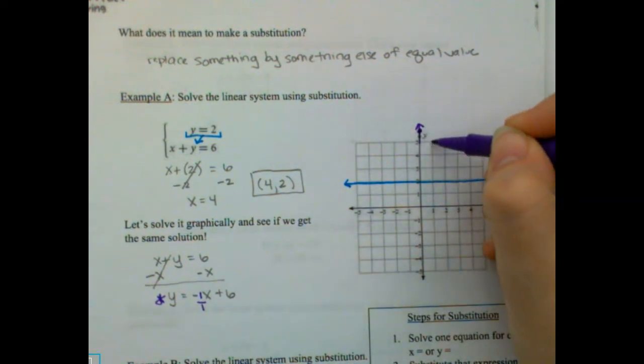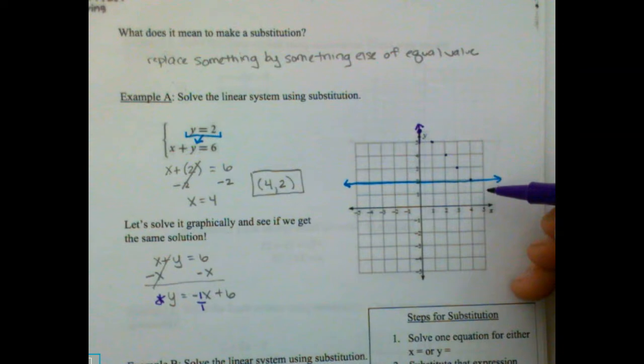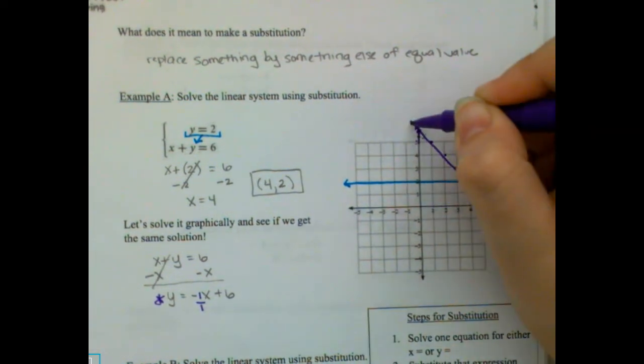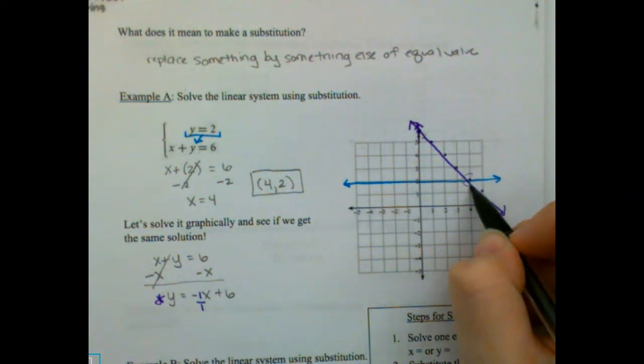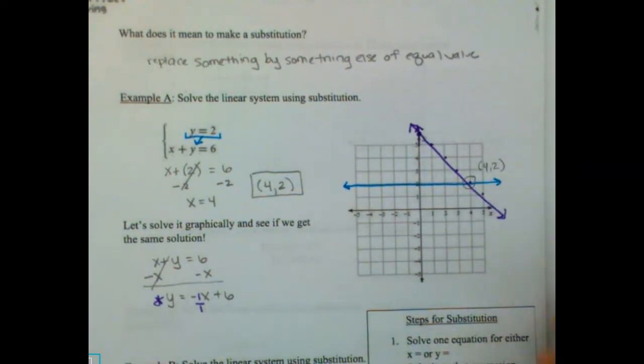So I'm going to go down 1 over 1 and make points and connect my lines. And you'll notice that it does actually intersect at 4, 2. So both methods get me the same result. The substitution method would get me 4 and 2, and my graphing method would get me 4 and 2. So it's kind of cool.